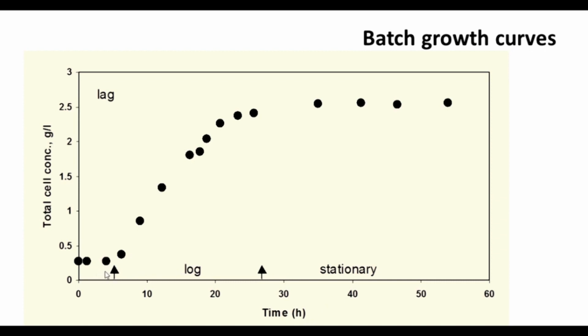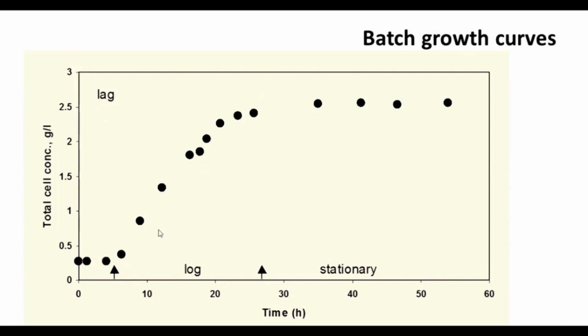As you can see, till about, let us say, 5-6 hours, there is no change in the total cell concentration. At around 6 hours, the cell concentration starts to increase till about 28 hours, and then it goes flat. The initial phase in which there is no change in the total cell concentration is called the lag phase.